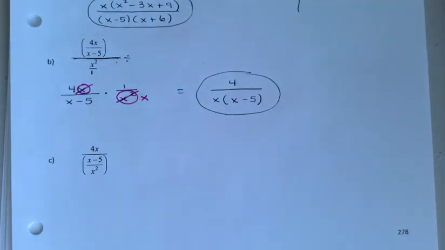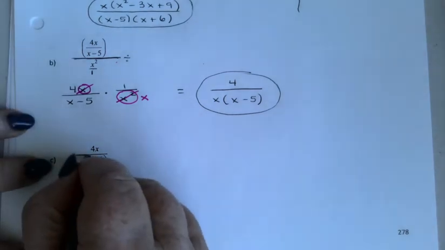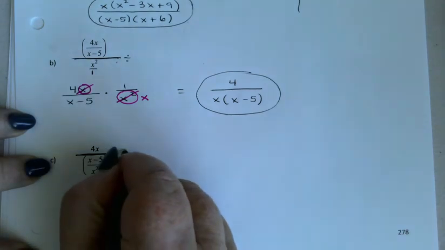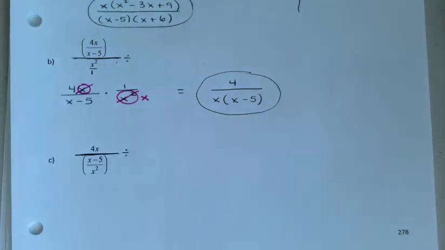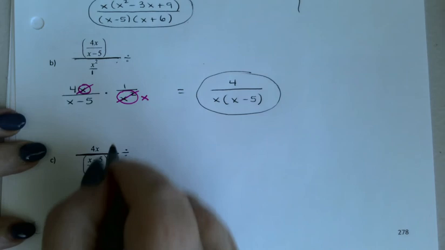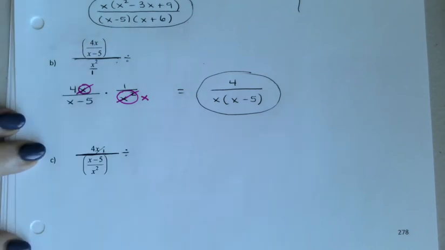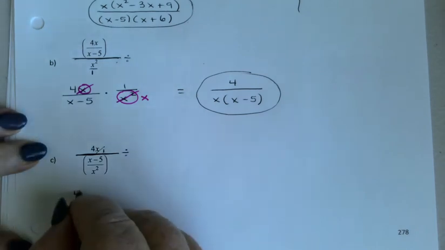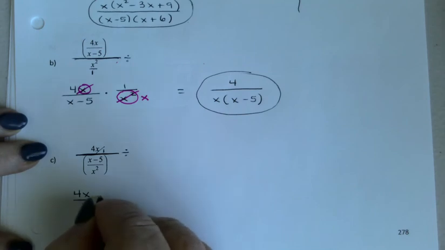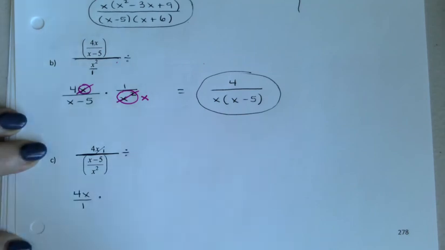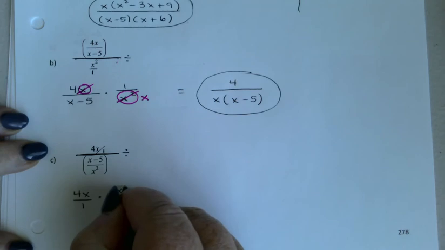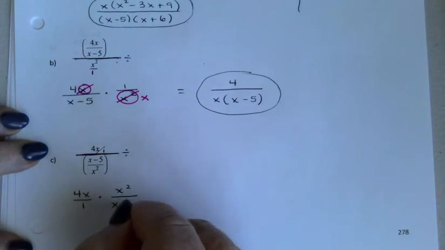Compare that to C, where the parentheses are done differently. This time this is my large fraction bar. And so I can think of this as 4x over 1 if I want to. And I'd have 4x over 1 multiplied by the reciprocal of the denominator, x squared over x minus 5.